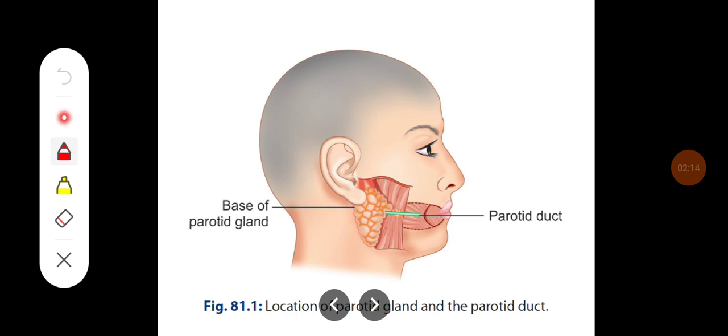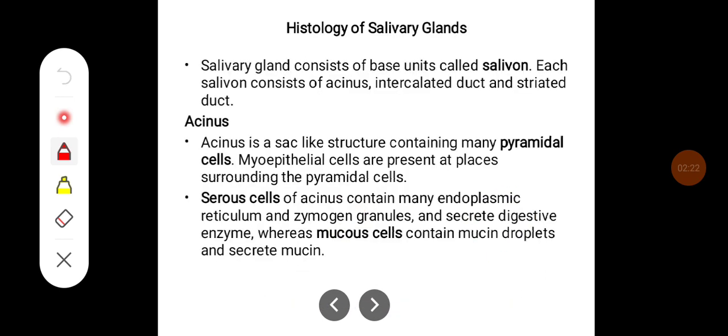This diagram shows the location of the parotid gland. This is the base of the parotid gland and this is the parotid duct. The salivary gland consists of basic units called salivons. Each salivon consists of acinus, intercalated duct and striated duct.